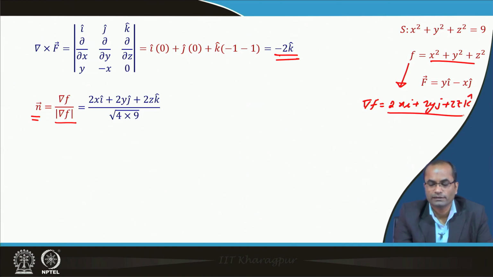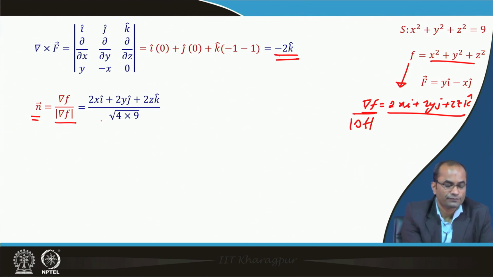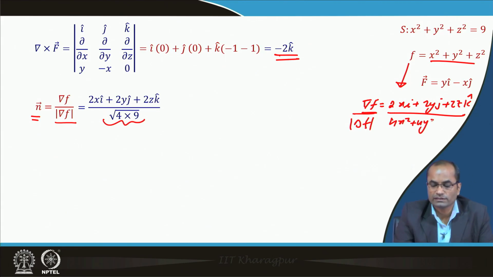So, that is del f, and we divide with this modulus, we will get the square root of 4x square plus 4y square plus 4z square.